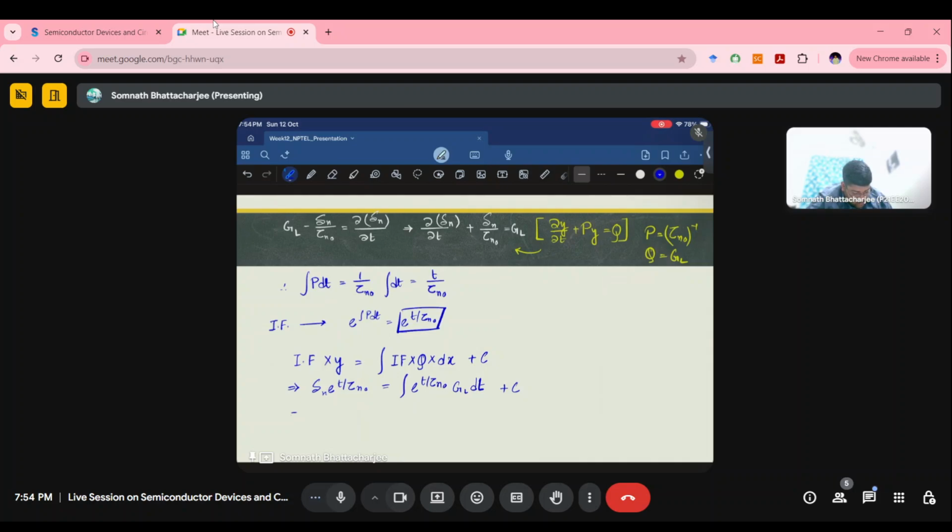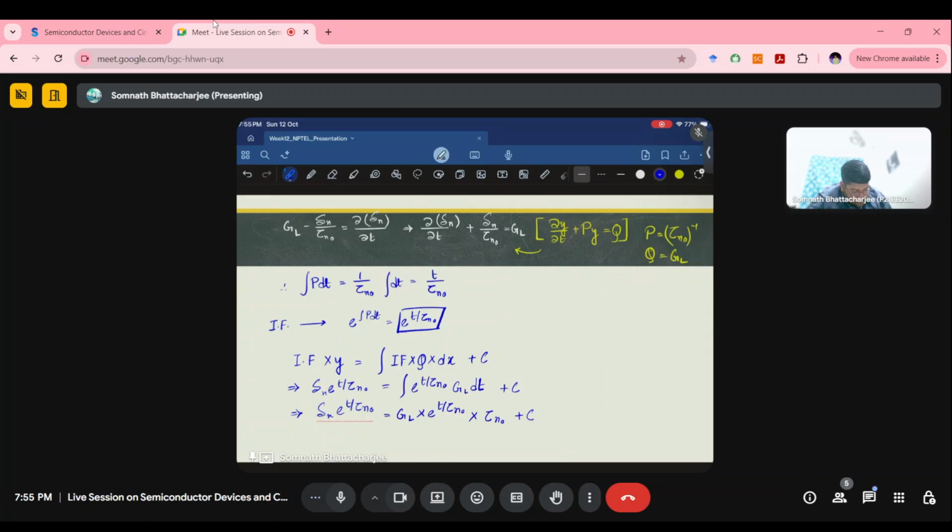So this is del n e to the power t by tau n naught, and it would be GL multiplied by e to the power t by tau n naught multiplied by tau n naught, plus C, right?